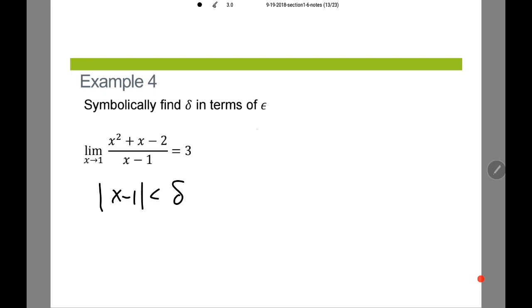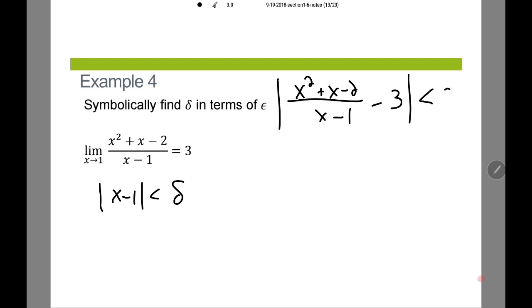I'm going to have my function, which is (x squared plus x minus 2) all over (x minus 1), and I'm going to have to subtract my limit. Okay? Now this one's a little different because we've got a -3 after this function.